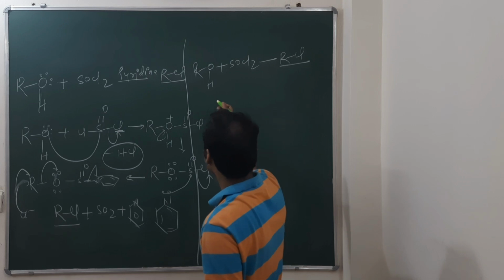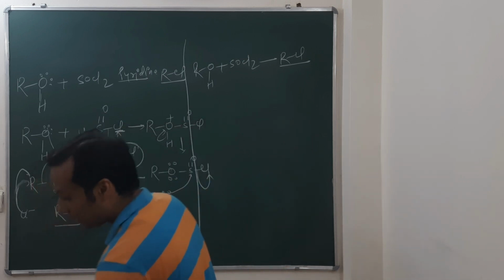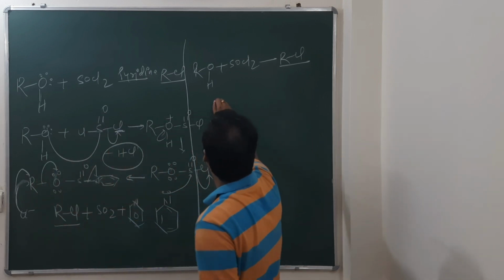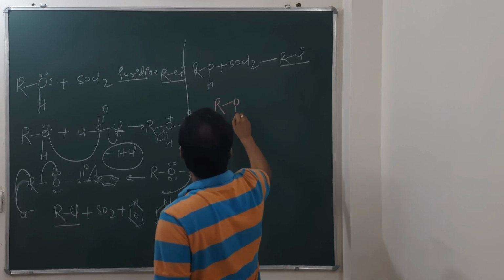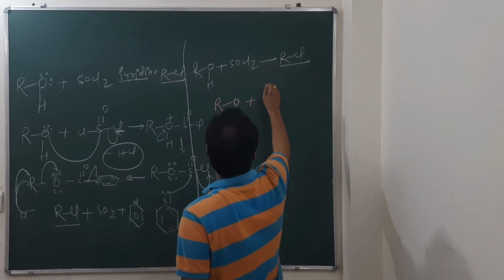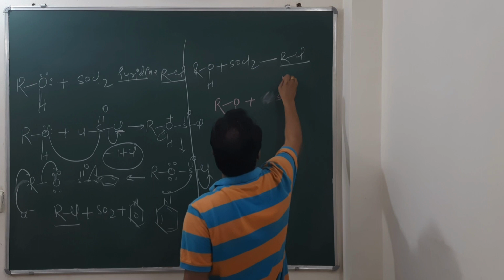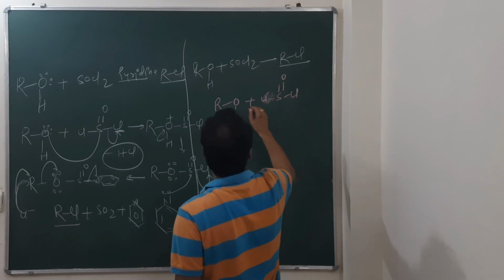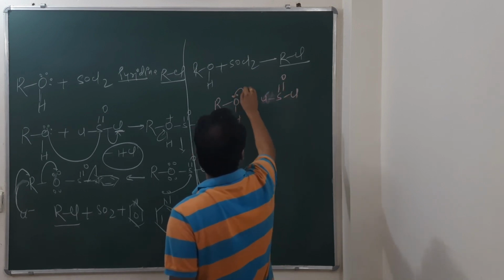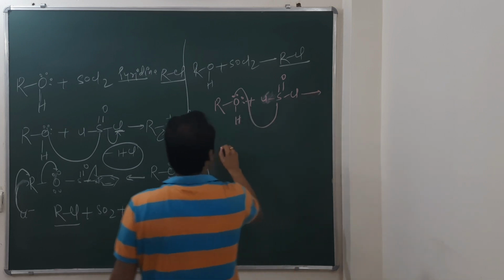Now understand that logic. See here, ROH plus S double bond O, Cl, Cl. So here a lone pair will attack here. So what will form?